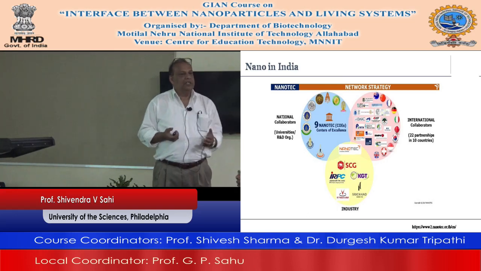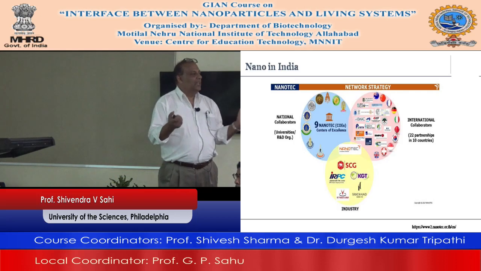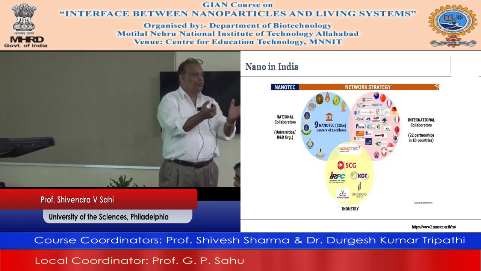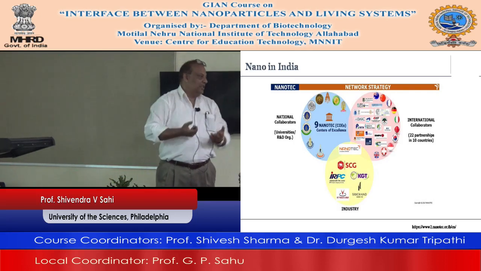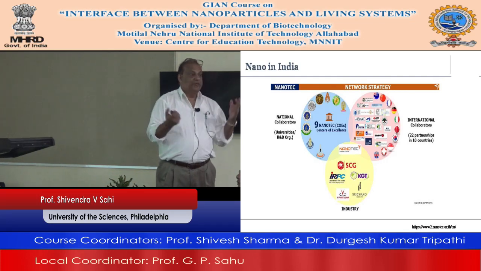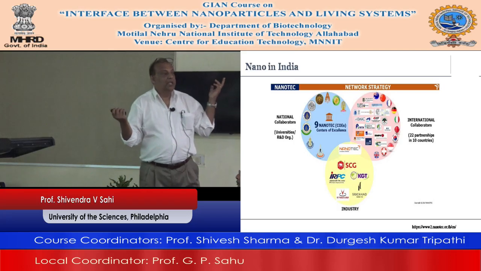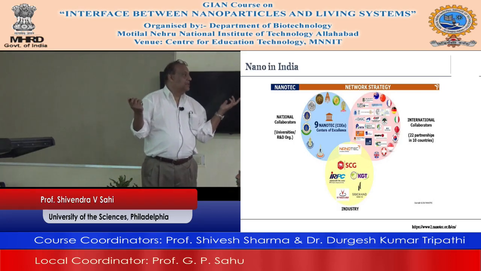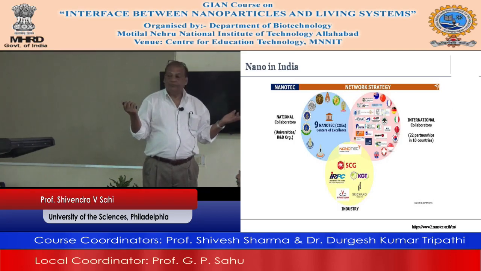Because you can develop the technology, but industry has resources to put in the money to take it to commercialization, take it further ahead, which is very difficult to do as a scientist if you don't have resources.